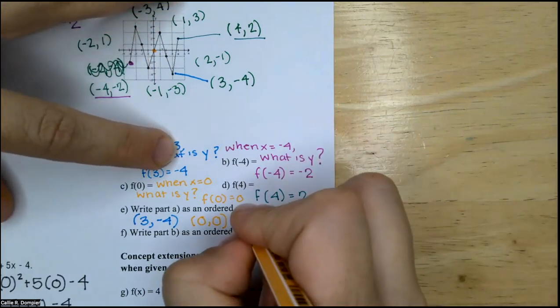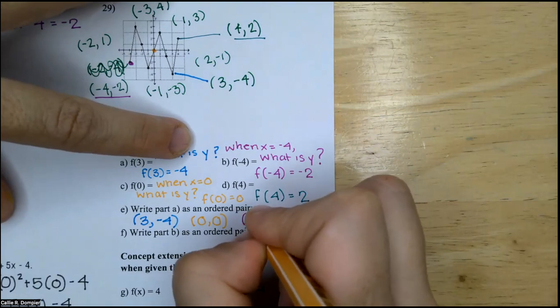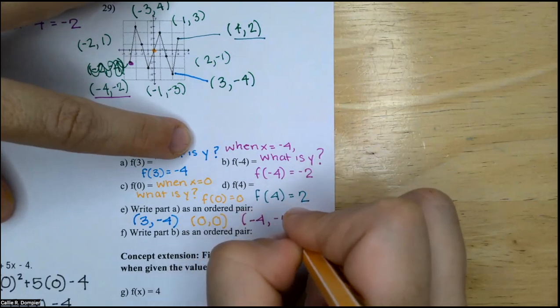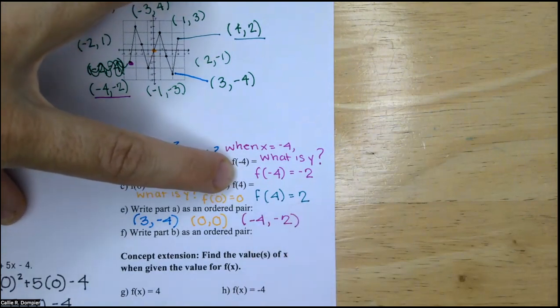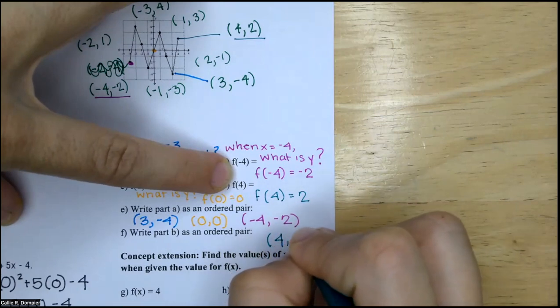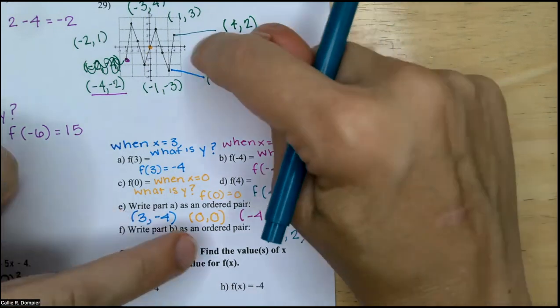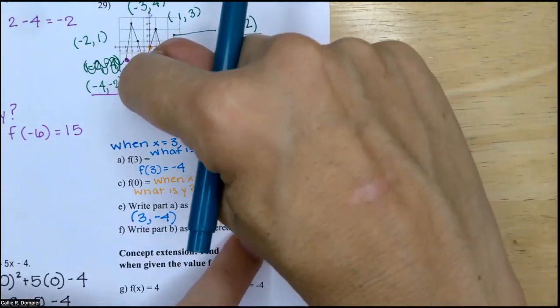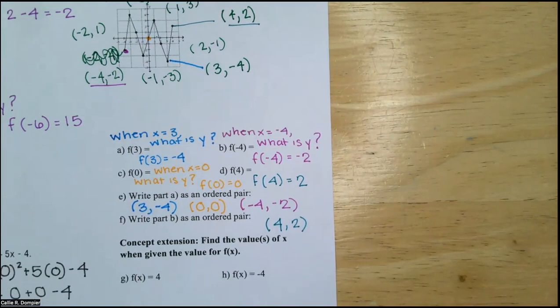That's just the ordered pair -4, -2. f of 4 equals 2 is just the ordered pair 4, 2. Yeah, because those match up. 3, -4, 0, 0, -4, -2, 4, 2. All right.